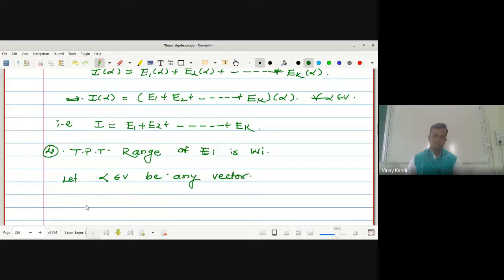So this implies we can write alpha is equal to alpha 1 plus alpha 2 plus alpha i plus alpha i plus 1, and so on up to alpha k, where each alpha i belongs to W.